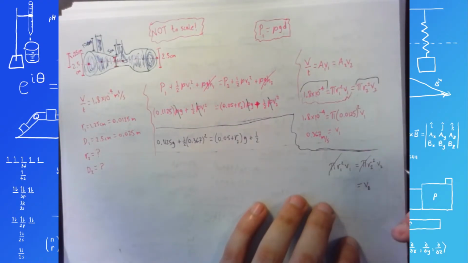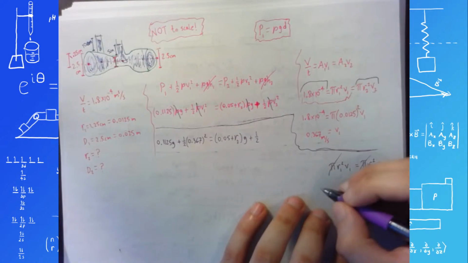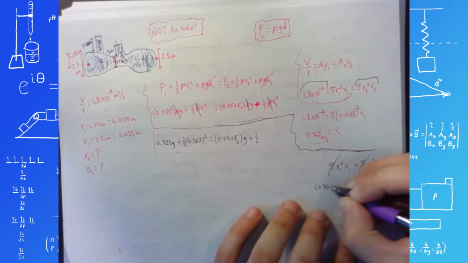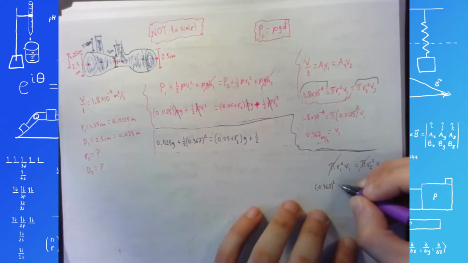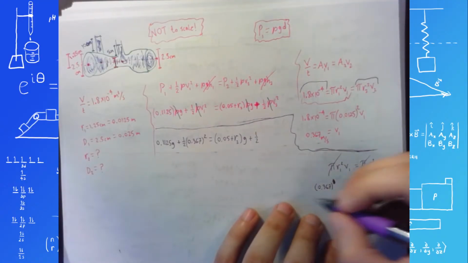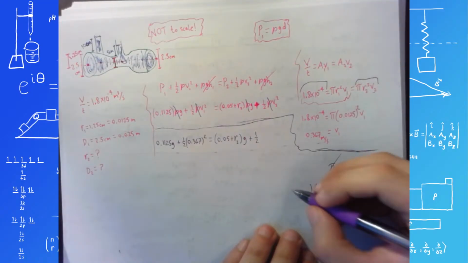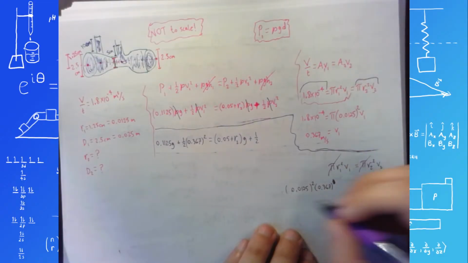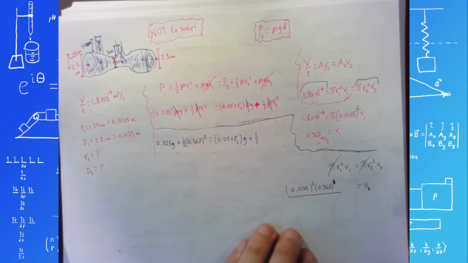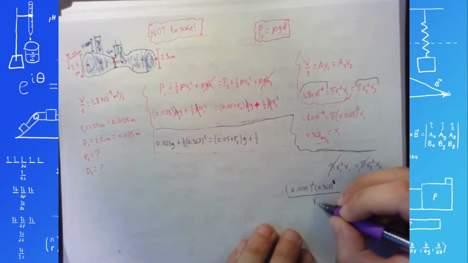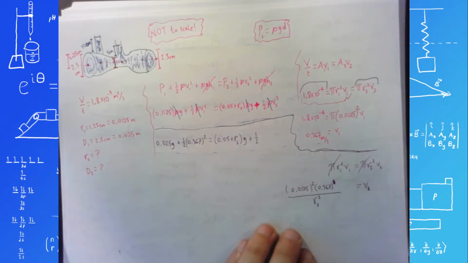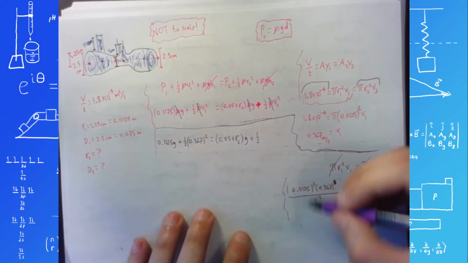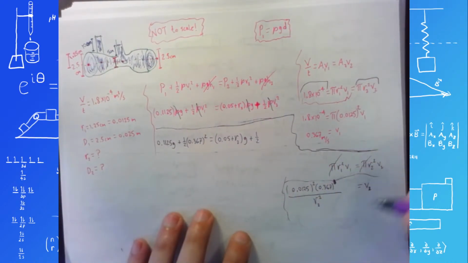So V2, we can write it as R1 squared, 0.367 squared, or no, that's V1. R1 squared is 0.0125 squared over 0.367, or times 0.367 over R2 squared. That's one possible expression we can substitute for V2.